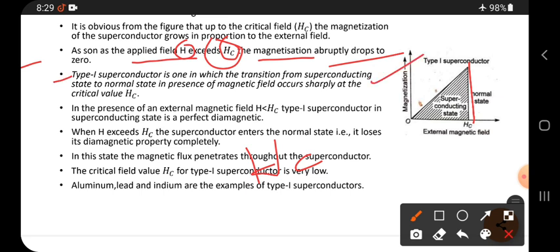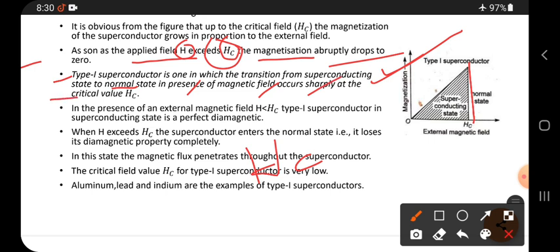Here is the definition. A type 1 superconductor is one in which the transition from the superconducting state to the normal state in the presence of a magnetic field occurs sharply at the critical field.